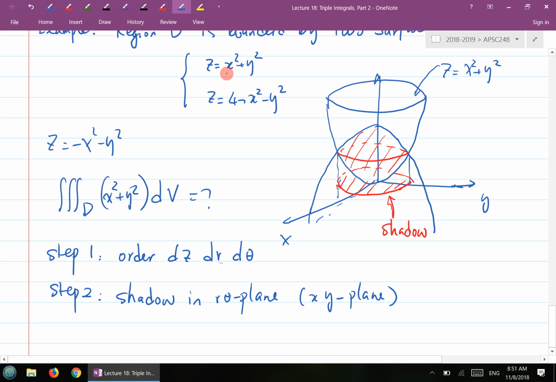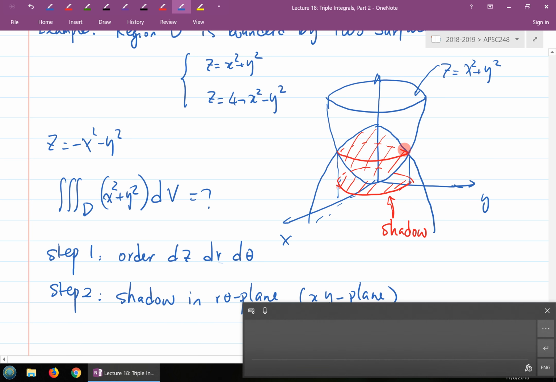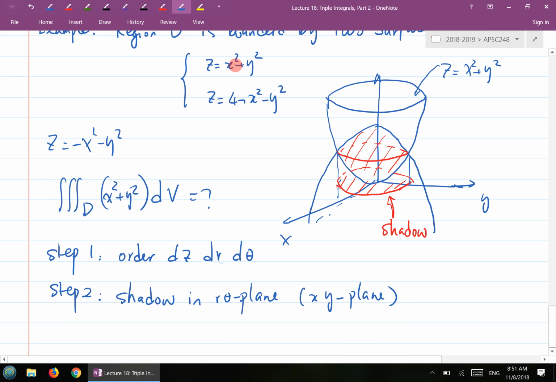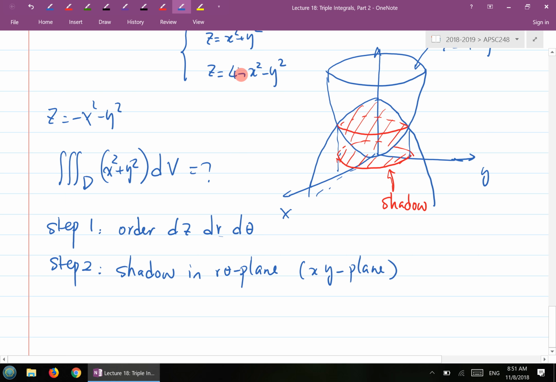Intersection means that at that location, the z components are the same. So to find the shadow, you let these two equations equal each other: x squared plus y squared equal to 4 minus x squared minus y squared.